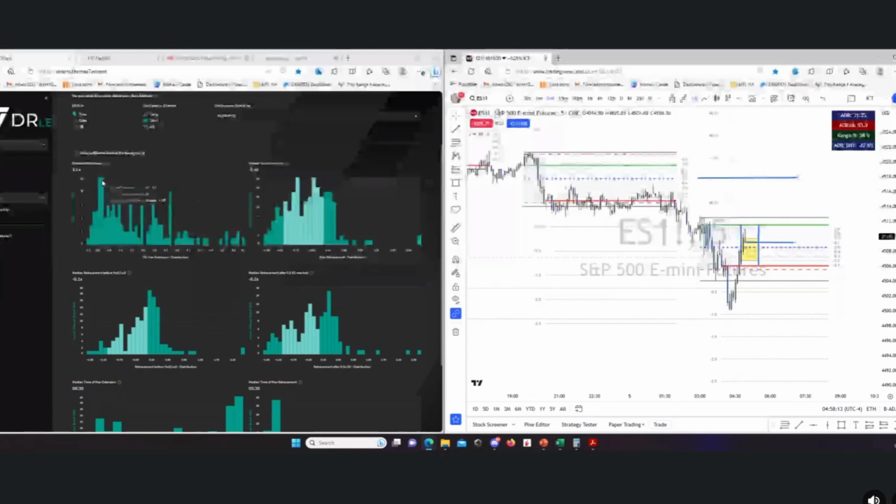So this could be the indication that it rejected completely off of these two modes right here on the extension. That could be telling us a clue, right? In the back of our mind, we're thinking this might be the retracement and we might have just not got a trade today, which is perfectly fine. So now you've got a couple of options. We all know the KM7 model, right?